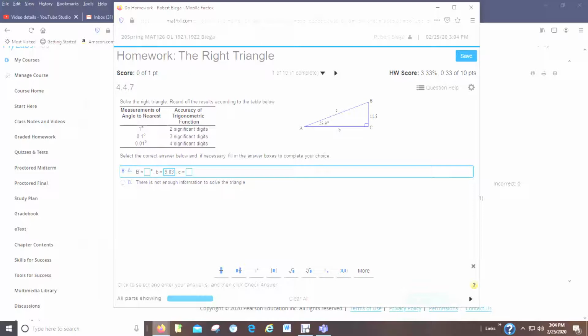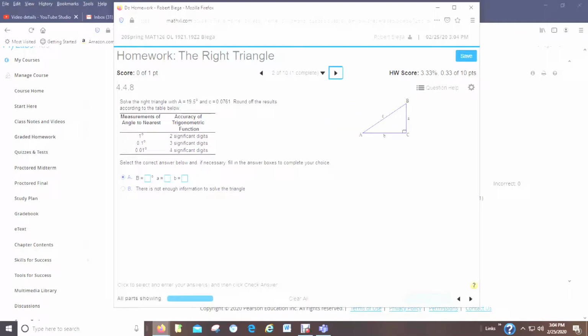It's not 3 decimal places. Okay, so make sure you understand that. The angles are all going to be to 1 decimal place. So there's a difference between angles and sides. And that's the difference between this column and this column.